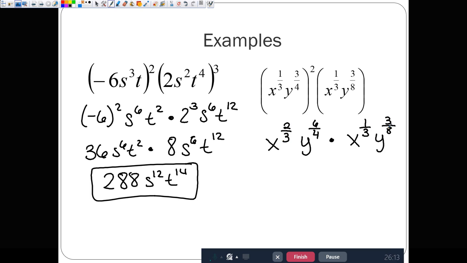So 2/3 plus 1/3 is gonna give me 3/3, which is the same thing as 1. And then I have to have a common denominator here. So I'm gonna turn this into 8/12. So 12 plus 3 is 15/8. And that can't be reduced, so that is my answer.